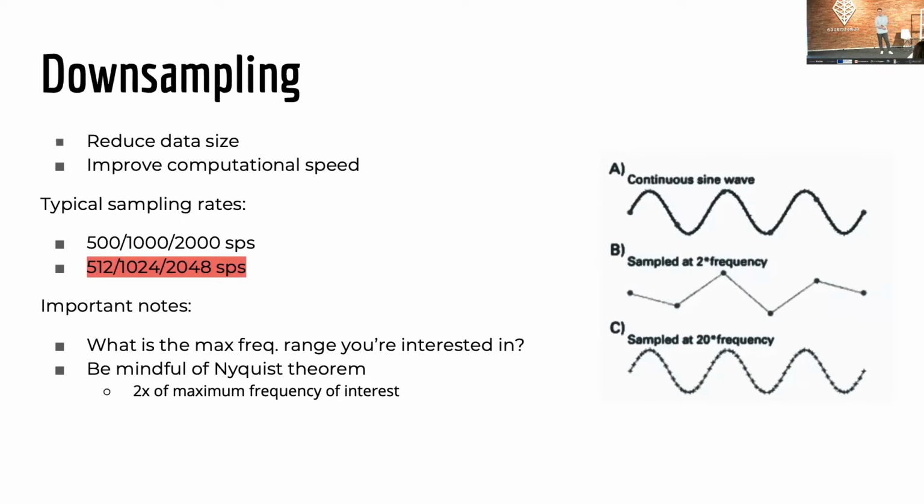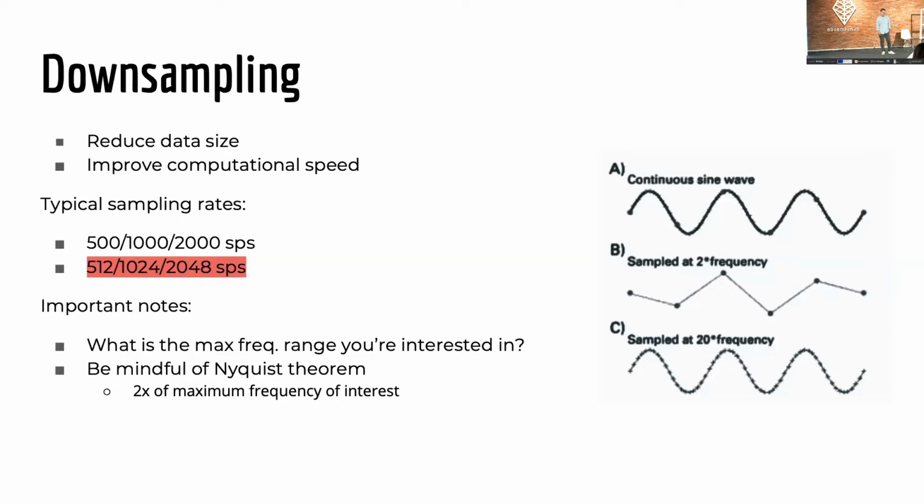Another reason is that it will significantly improve your computation speed, because there are some algorithms that take several hours at least. For example, ICA, that we will go to later on. On a normal computer, it would take at least 50 minutes to 1 hour with a normal data set. So typical sampling rates are 500, 1,000, and 2,000 samples per second.